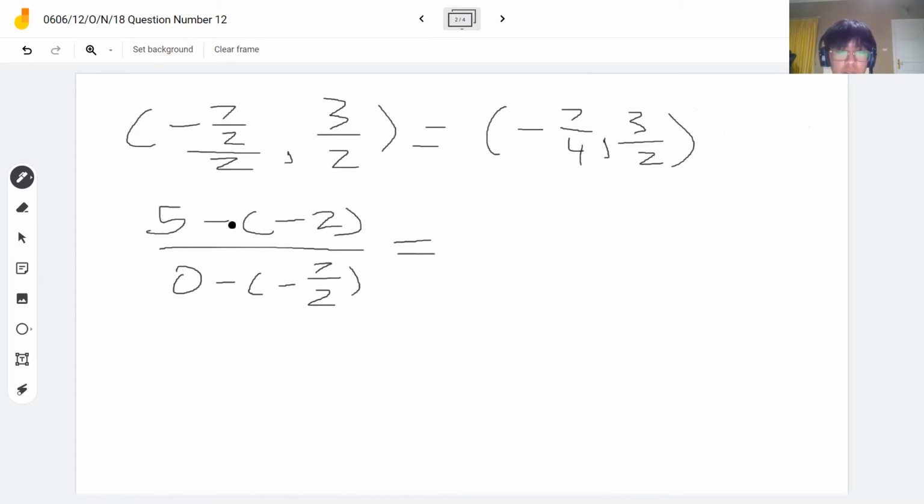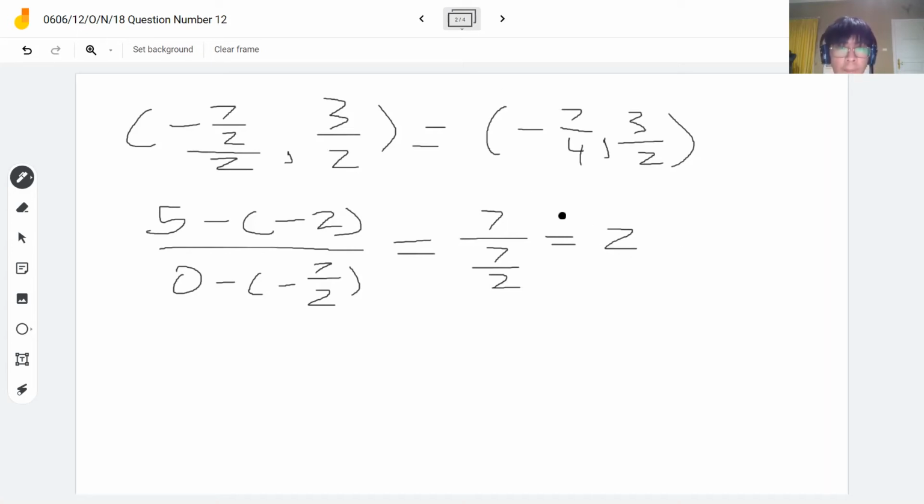This will add together since there are two negatives. So it's 7, and this will also add together, 7 over 2. This equals 2. So we have both the gradient and midpoint of the line AB.